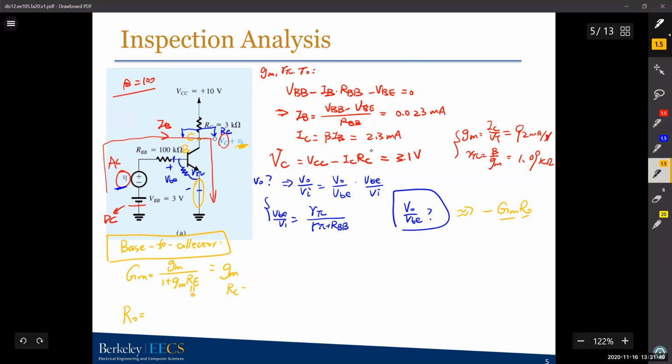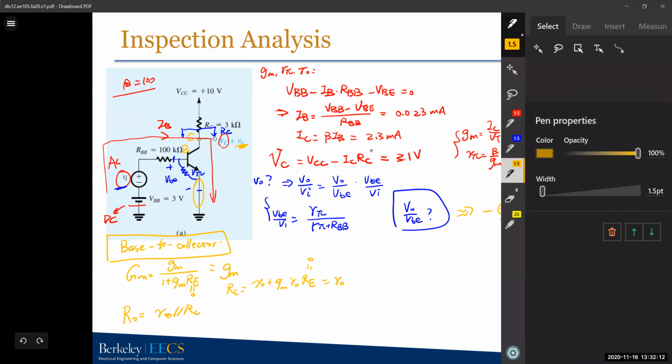So small rc is RO plus gm RO RE, and your RE equals 0. So it's just small RO, or R naught. And your capital RO, the output resistance, will just be RO in parallel with RC, right? So, choose another color.